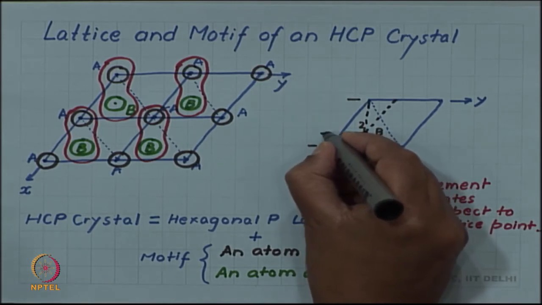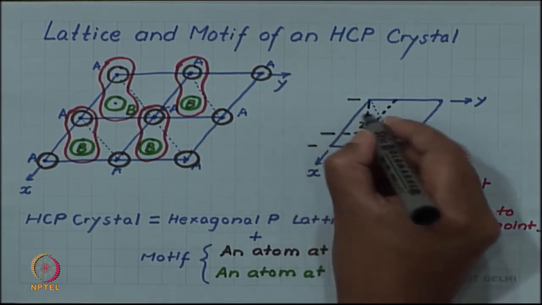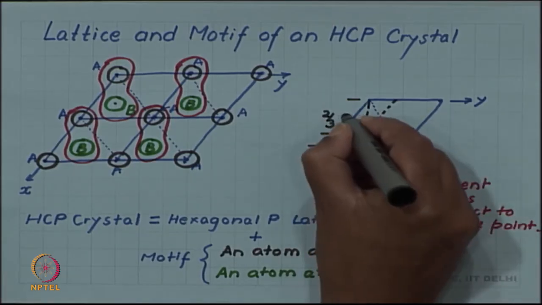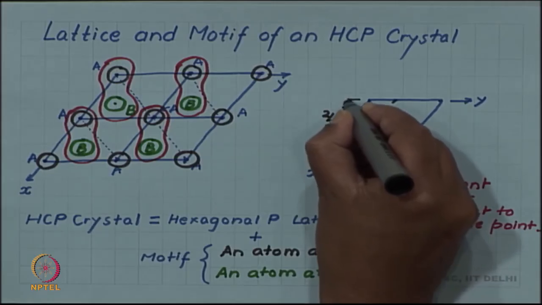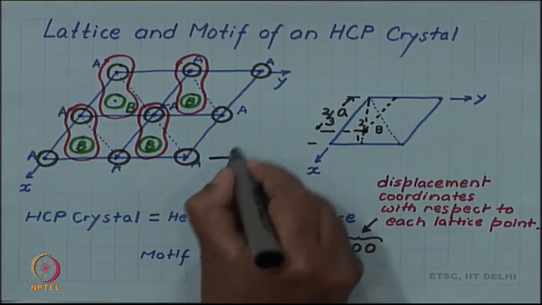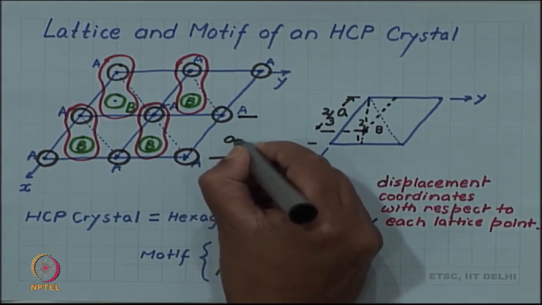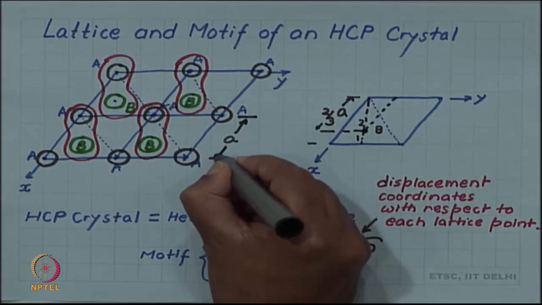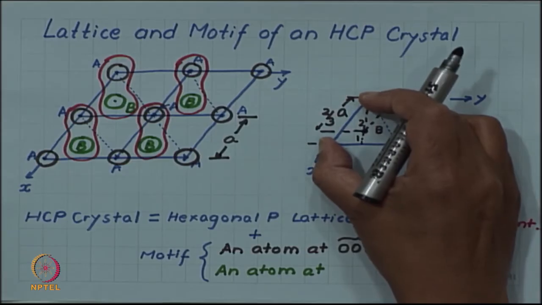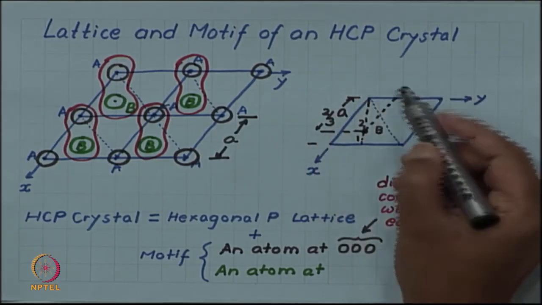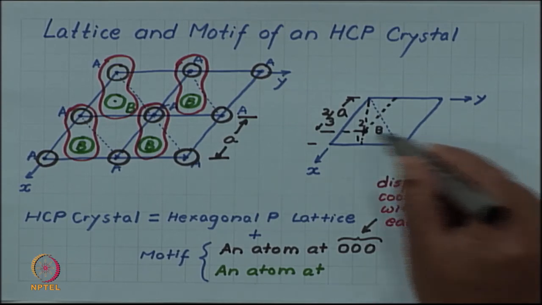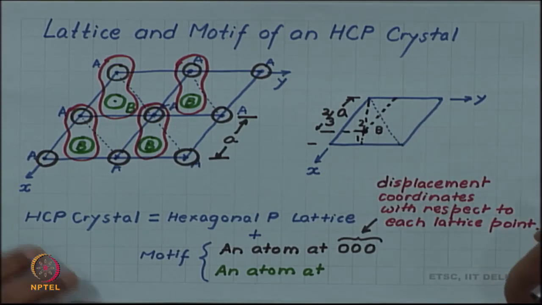So, then this coordinate becomes 2/3 of the entire length, and the entire length we are calling A. So, this becomes 2/3 A, because our lattice parameter in the plane is A. I draw it here. Since the side of the rhombus is A, this is 2/3 A. So, that is the x coordinate of this B point.